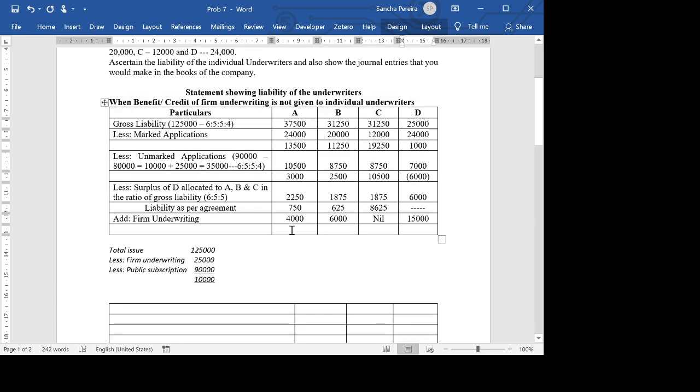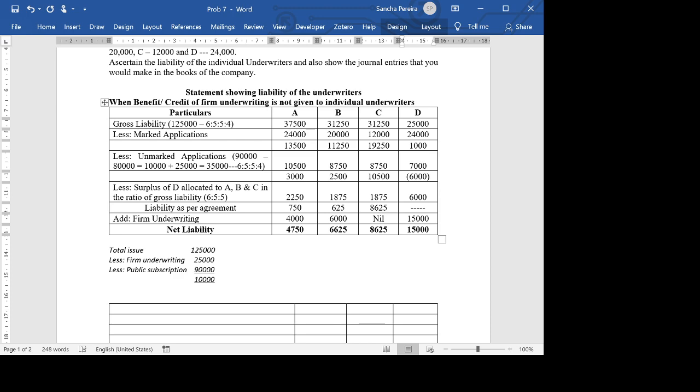So the total shares that have to be taken up, that's a net liability. Here in case of A, it is 4750, which means 750 were as per liability as per agreement, 4,000 what he had decided in advance. Here it is 6625, here it is 8625, and here it is 50,000.